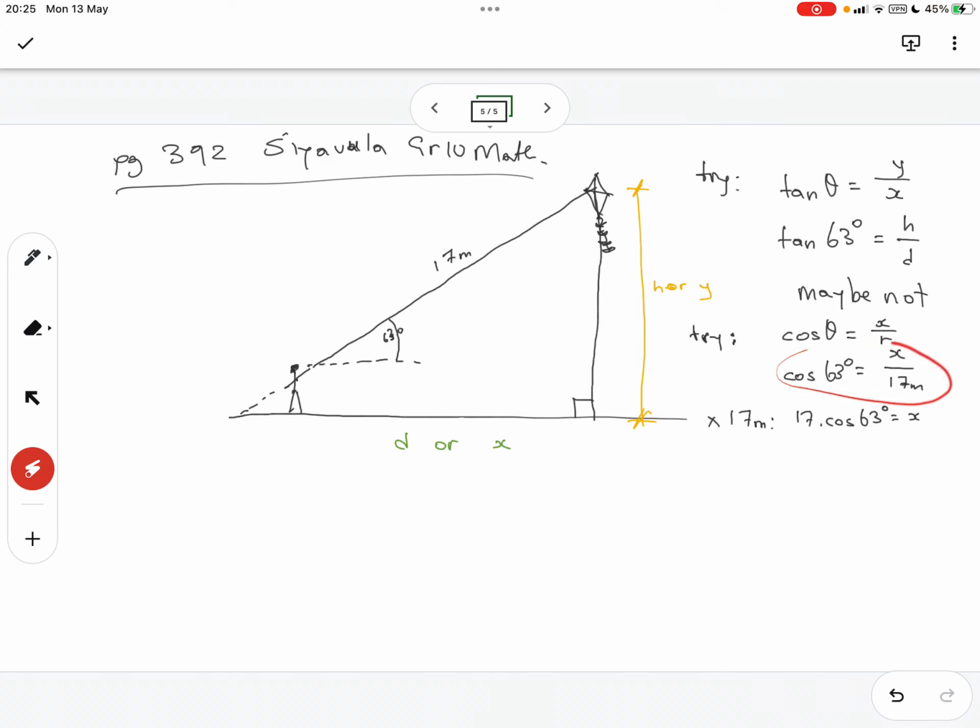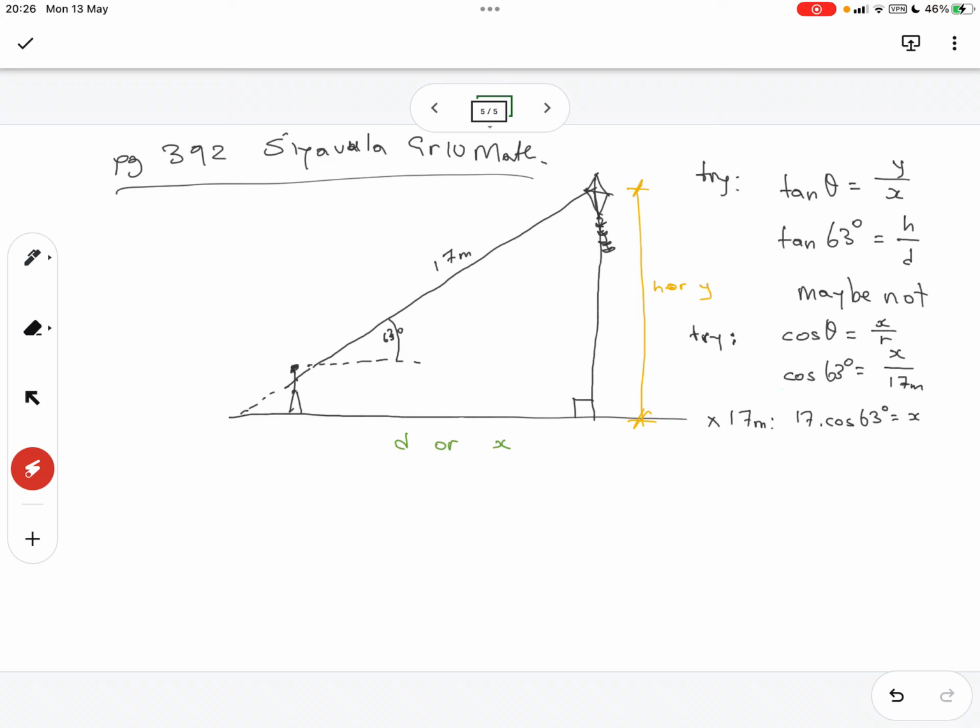Now we have to solve this equation. This is a very basic equation. How do we solve it? We use the multiplicative inverse, so we multiply both sides by 17 so that on the one side the 17s divide each other out to give 1, and on the other side we'll have 17 times cos 63.